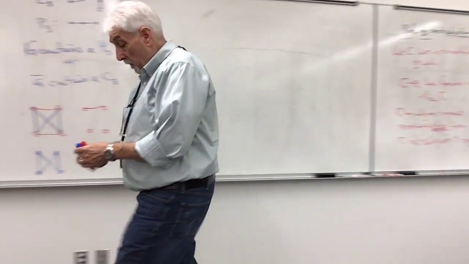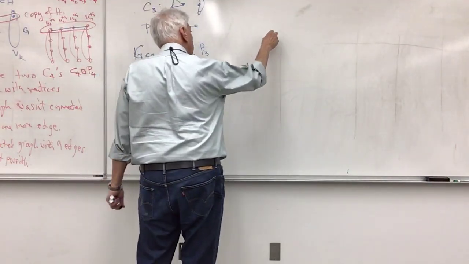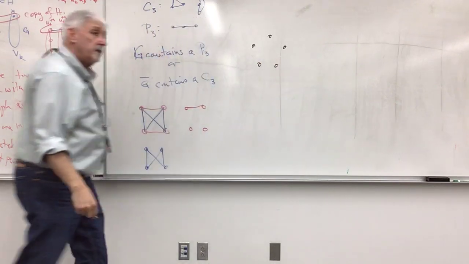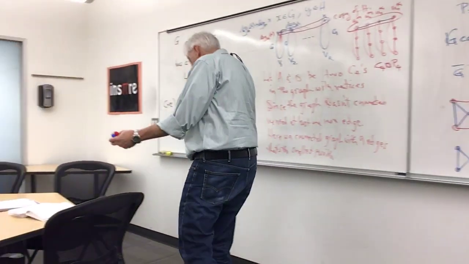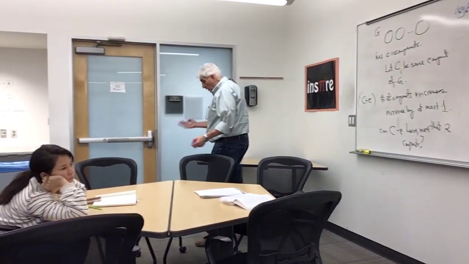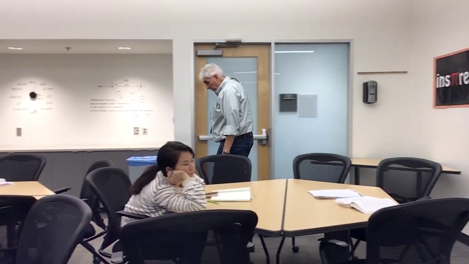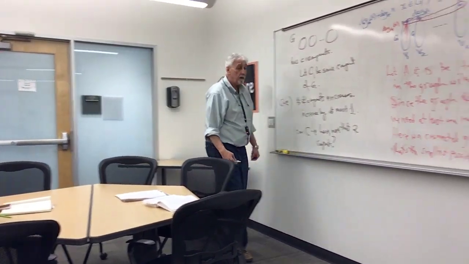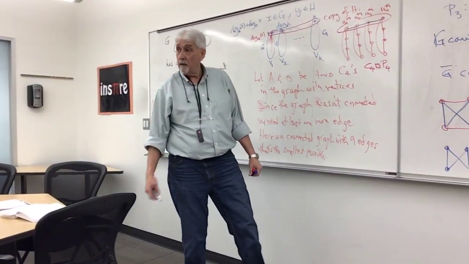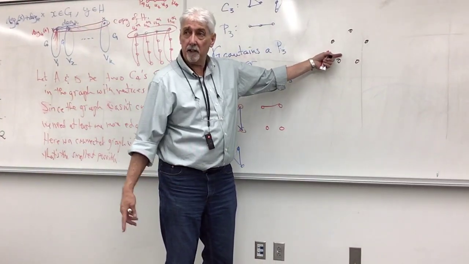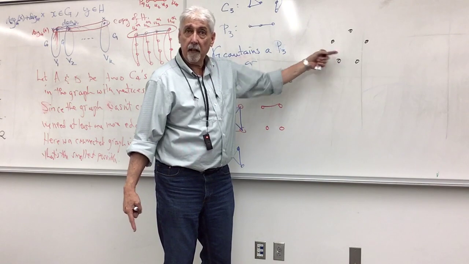Okay, so let's start. Let's look at a graph that doesn't contain a P3. So, tell me what a graph that doesn't contain a P3 looks like. Well, okay, so just to make it clear, this doesn't contain a P3.